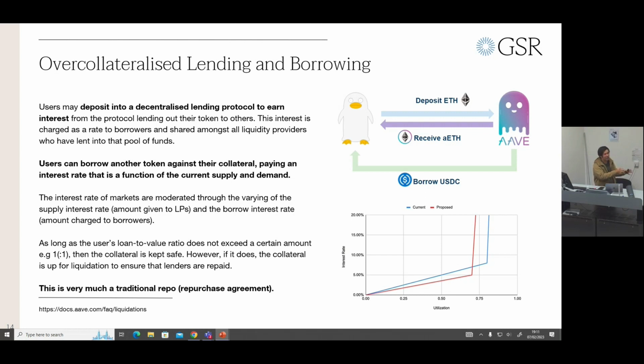What happens is that people can borrow loans against their collateral, but they can only borrow less than what they put into the protocol, what they lend to the protocol. And so that sets up an over-collateralized lend-borrow position.